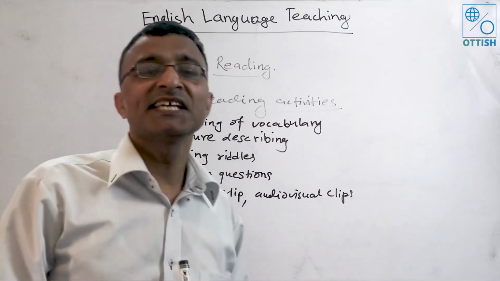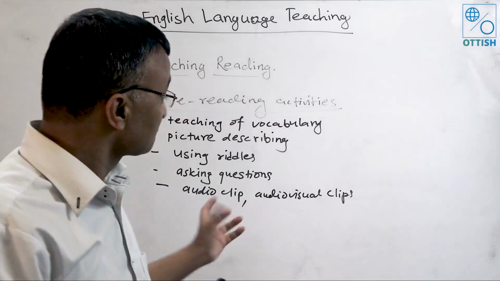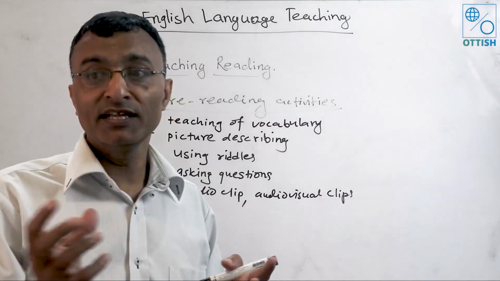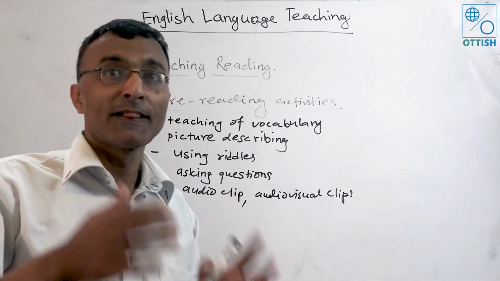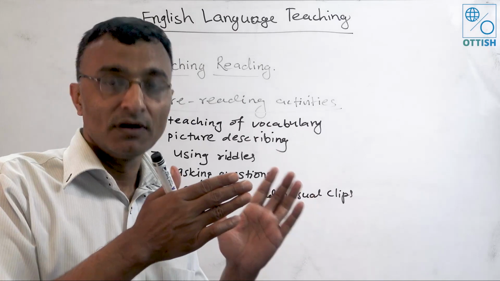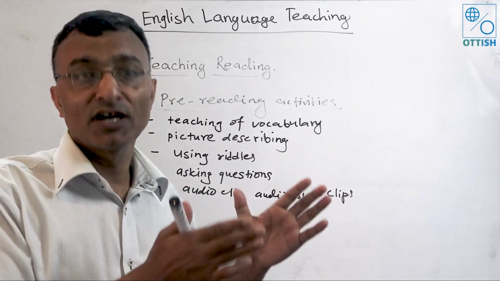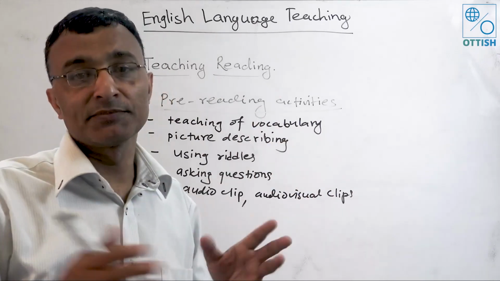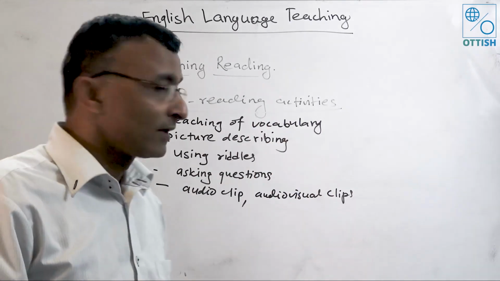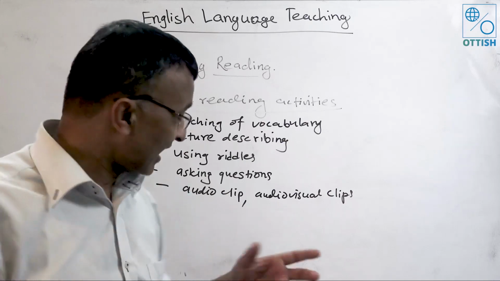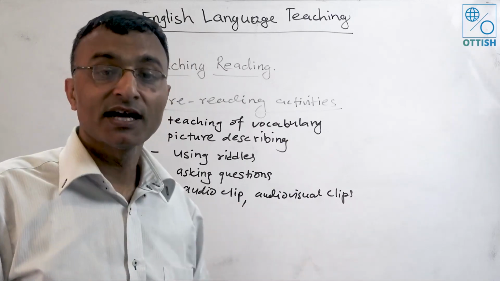And some guessing items. The teacher can make a story related to the text, and the story can be told. Not all of it, but only part of the story can be told, and the students are asked to guess what happens next.